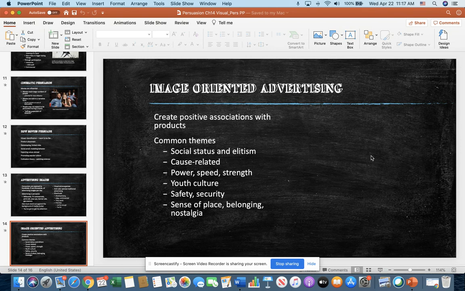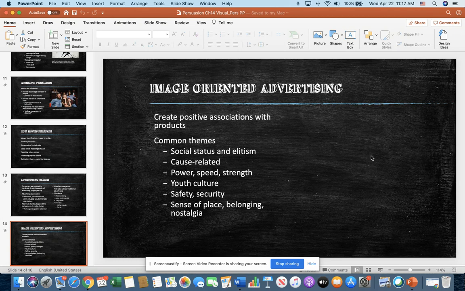Okay, image-oriented advertising continued. Common themes: positive associations with products, where you want to make the connection in the consumer's mind that when they buy and use your product, they are participating in some principle of it.